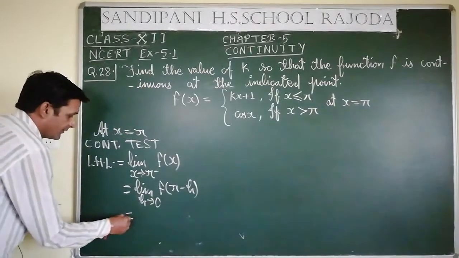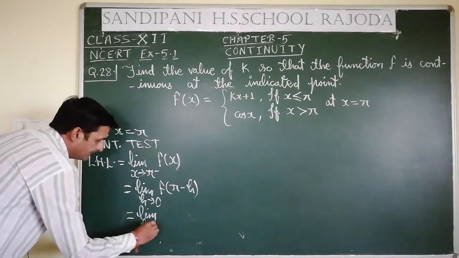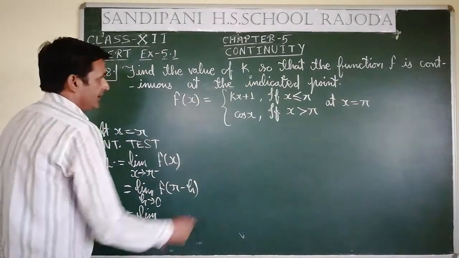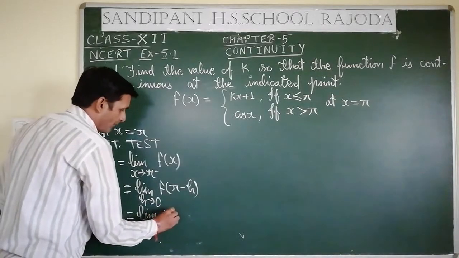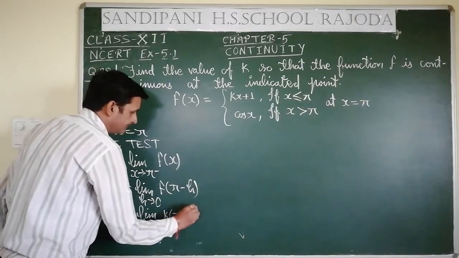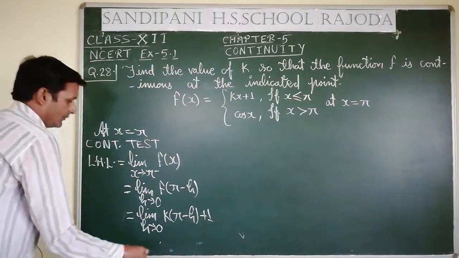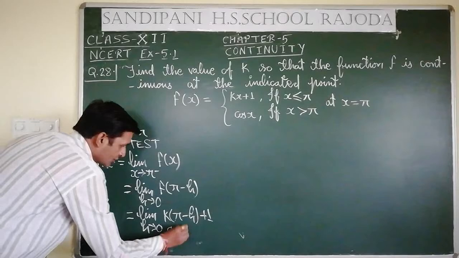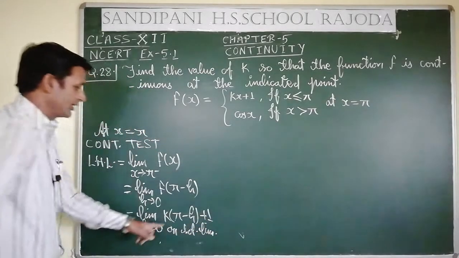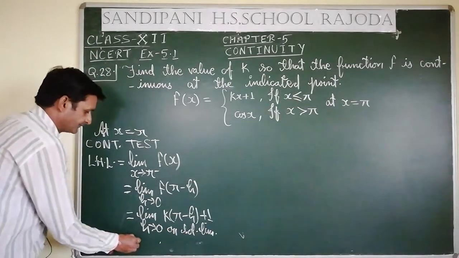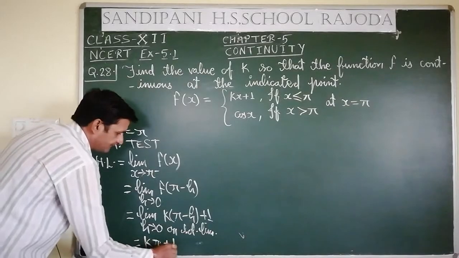So let us put the value of x in place of x here, k into pi minus h plus 1. On solving the limit, if we put h equal to 0 here, then it will become k pi plus 1.